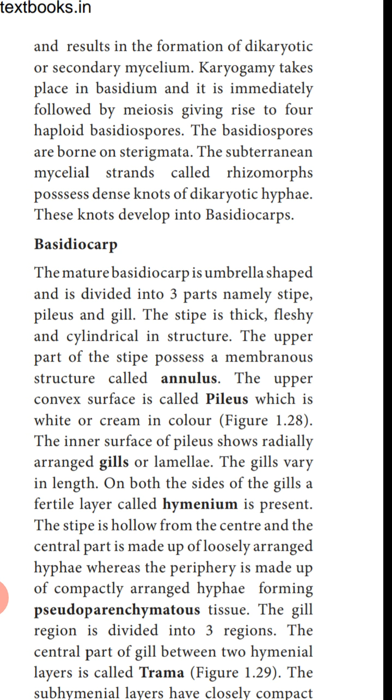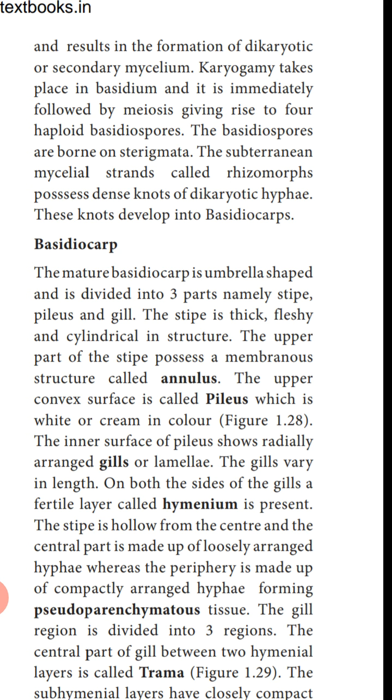This is called somatogamy, and it results in the formation of the dikaryotic, or secondary, mycelium. Now karyogamy, the fusion of the nuclei, takes place only in the basidium, and it is immediately followed by meiosis, giving rise to 4 haploid basidiospores.